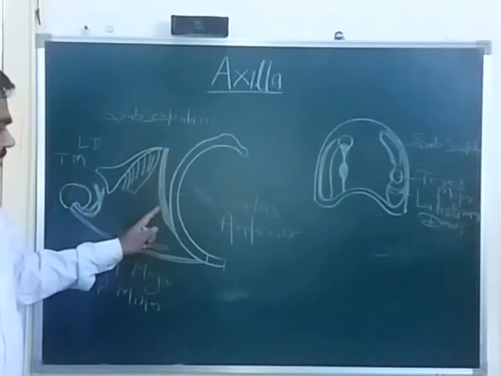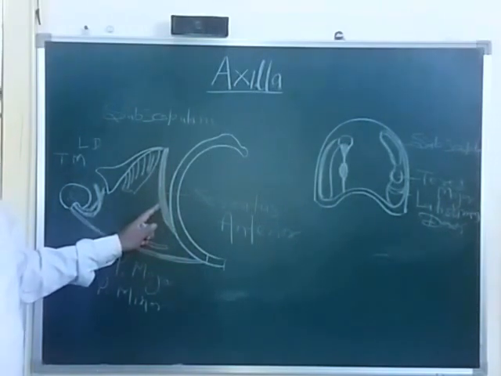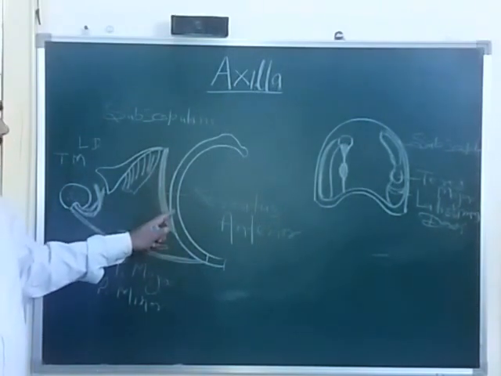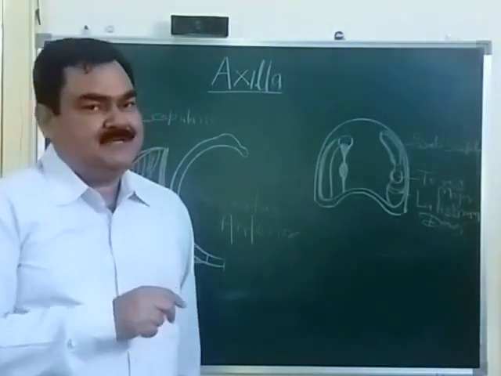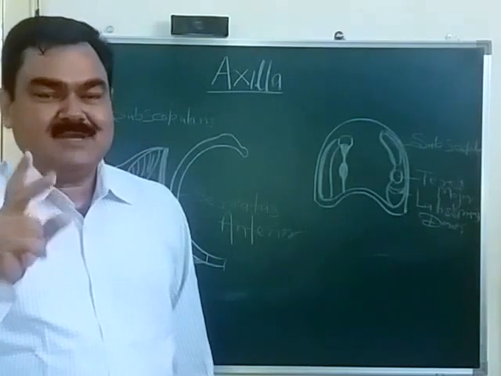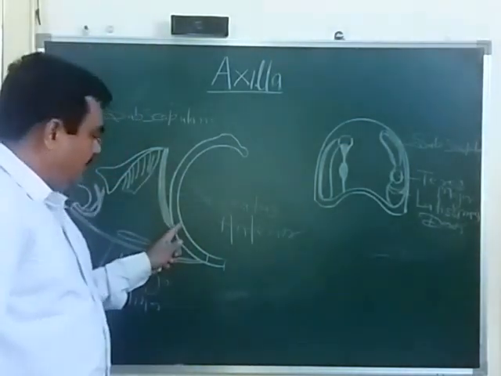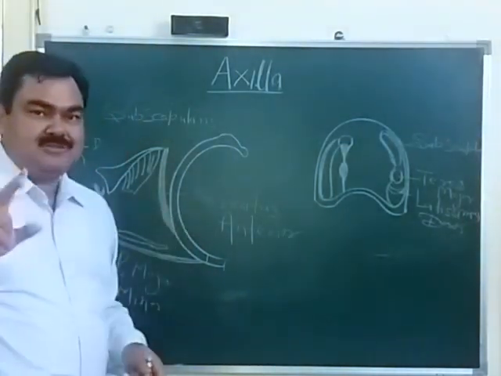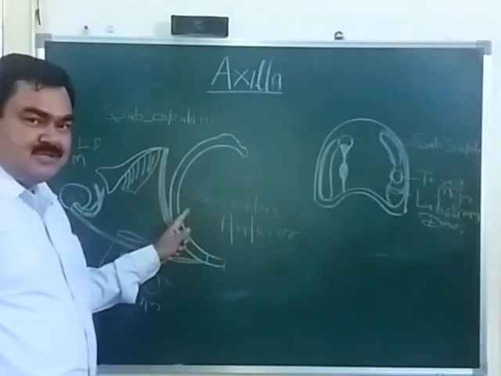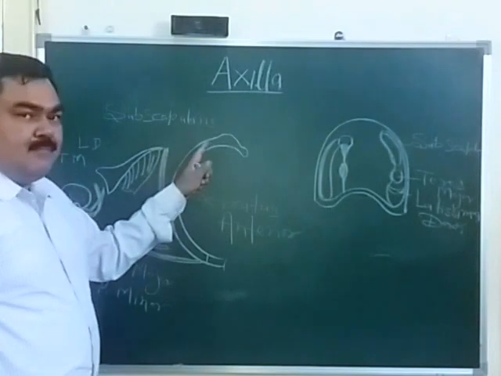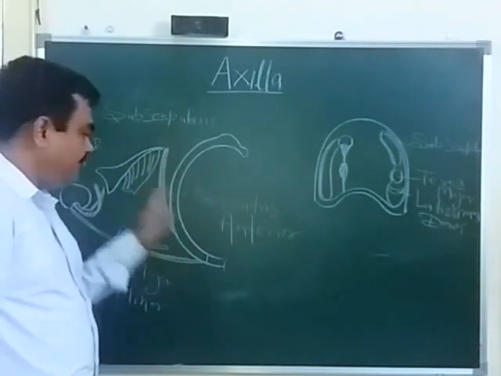The medial boundary is formed by the upper part of serratus anterior and the muscles lying between two adjacent ribs, that is, intercostal muscles. So the medial boundary is formed by serratus anterior and intercostal muscles, from ribs 1 to 4.